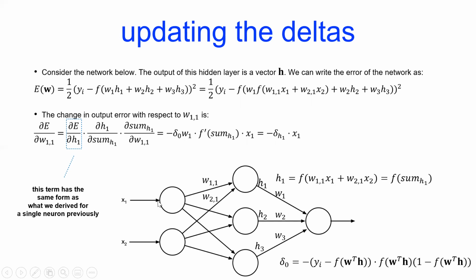We have an input. Those inputs go through W11, summing with another X2 multiplied with W21. They will sum together and be sent to our sigmoid function to create H1. Then this H1 will be one of the members participating, multiplied by its associated weight, to create another layer of weighted sum, then sent to the activation function to produce the output.